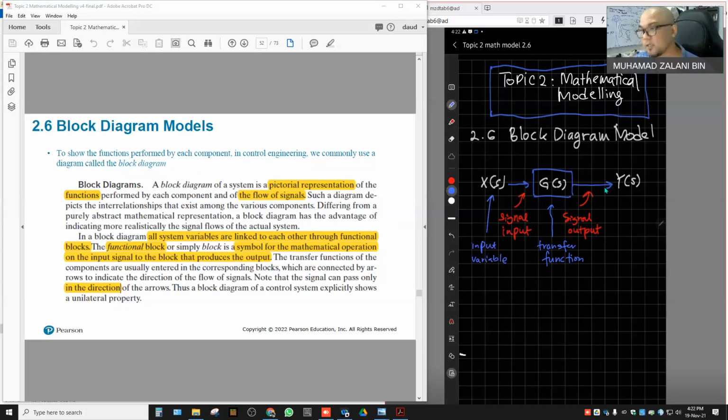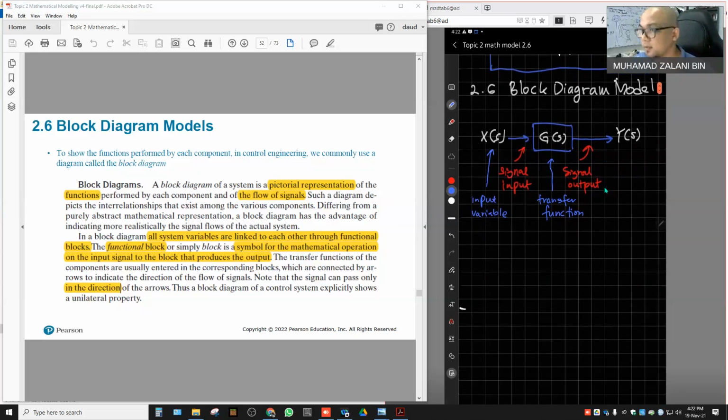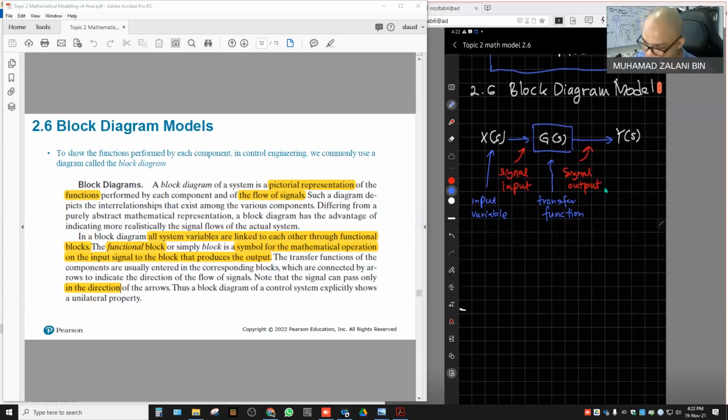So the input variable here is represented by X(s), and we have Y(s), which is the output variable. Simply for this case, we can say that the ratio of Y(s) to X(s) is G(s).